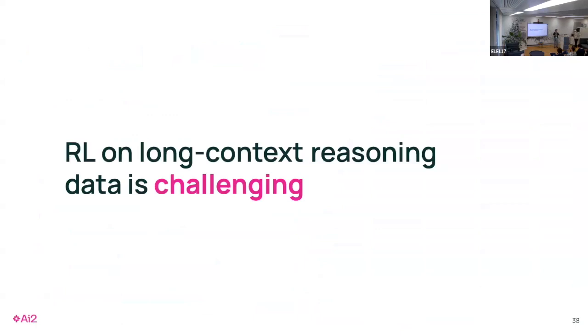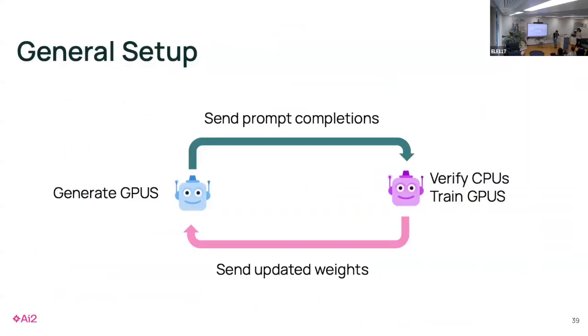Yeah, the other thing that we had to invest a lot of time in was our reinforcement learning setup, because doing reinforcement learning where you're generating long sequences is really hard. The setup, at face value, seems really easy. Use some GPUs to generate text, use some GPUs to verify and train, and you send weight updates from one to the other.